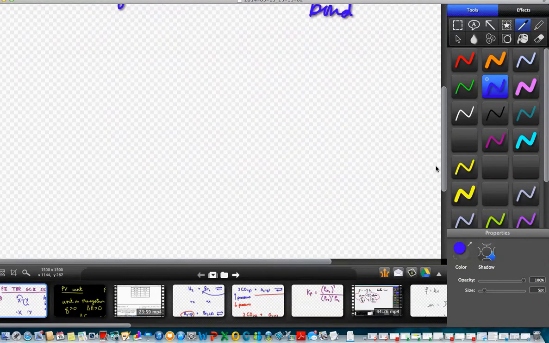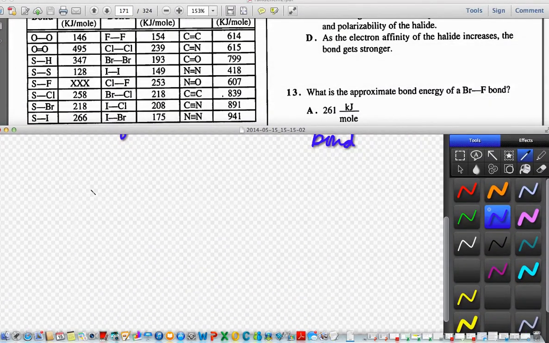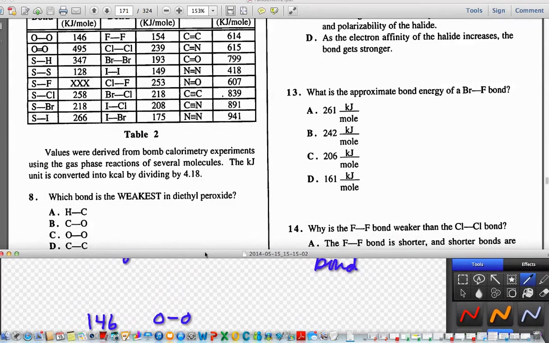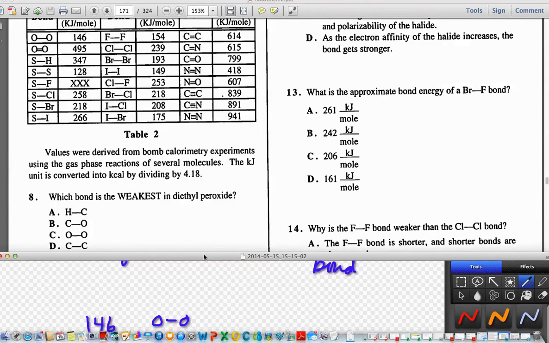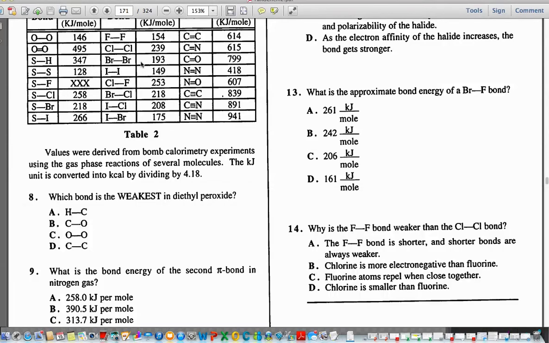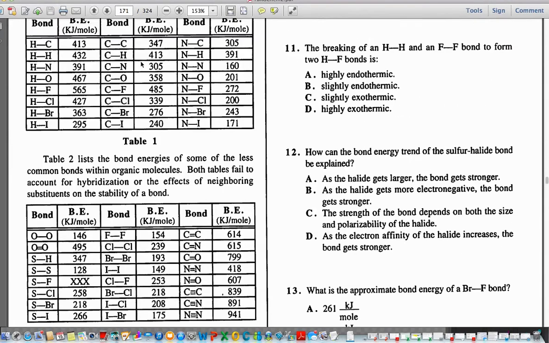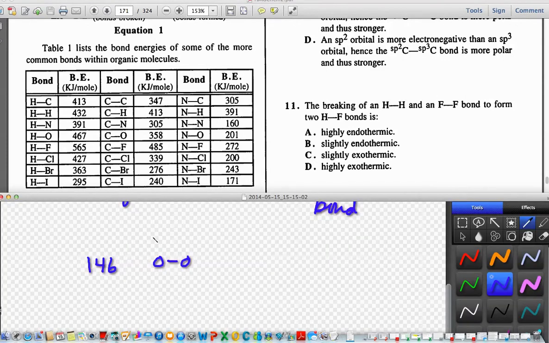So all we're going to do is look at the mathematical data. Now we've already seen that an oxygen-oxygen single bond is 146. We also need to look at a carbon-oxygen, a carbon-hydrogen, and a carbon-carbon. And so we're going to need to scroll up to table 1. A carbon-hydrogen is 413.